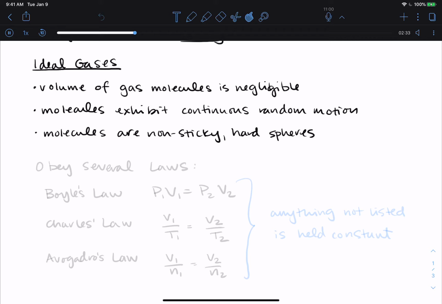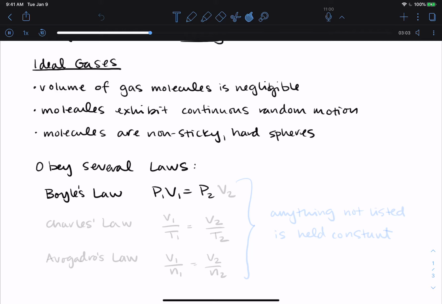So ideal gases obey several laws. So Boyle's law is that P1V1 equals P2V2.